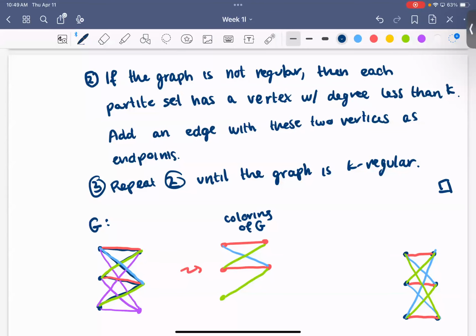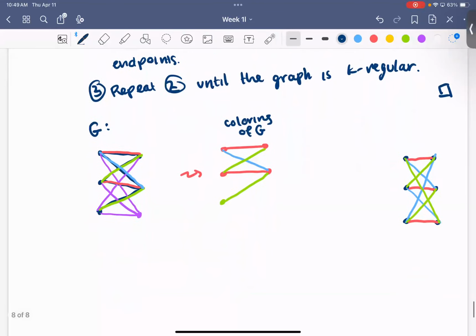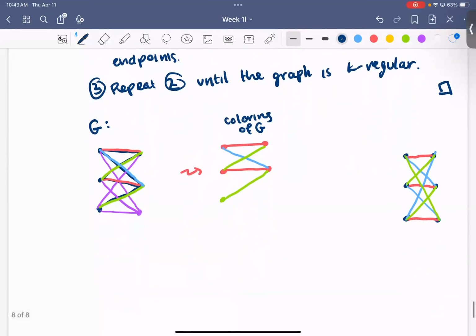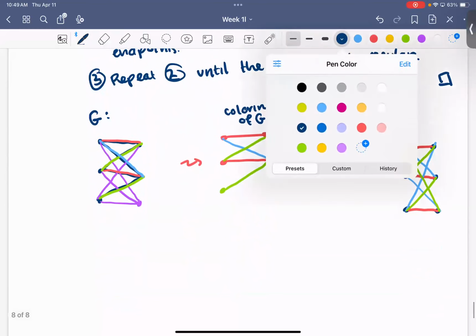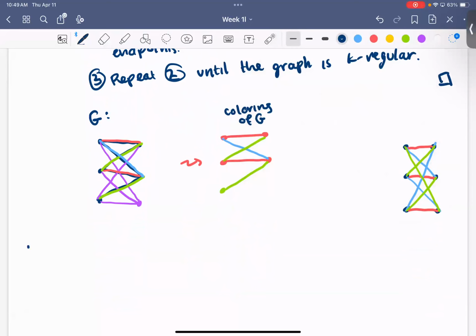Okay, so now we're going to shift and talk about something called Hamiltonian cycles. I'll write the definition.